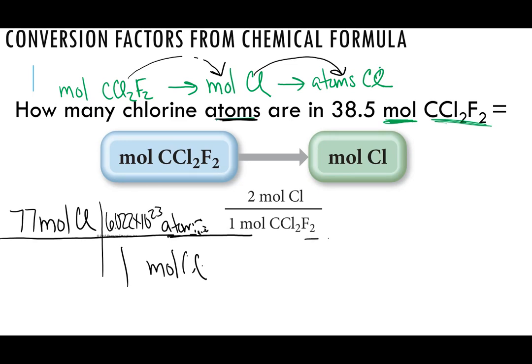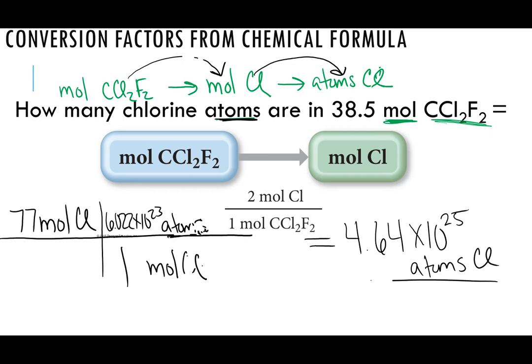So multiply across the top, divide by the bottom. So 77 times 6.022 times 10 to the 23rd. And we get 4.64 times 10 to the 25th atoms of chlorine. Okay.